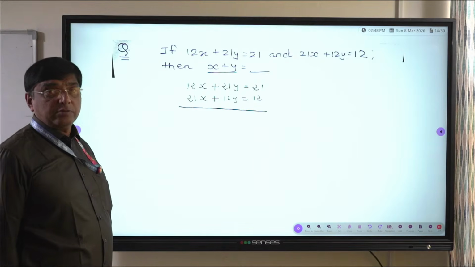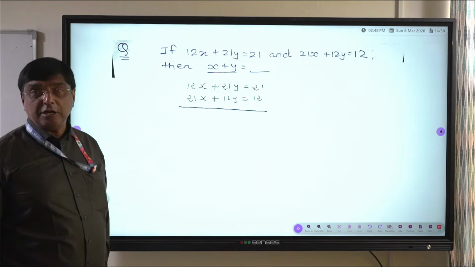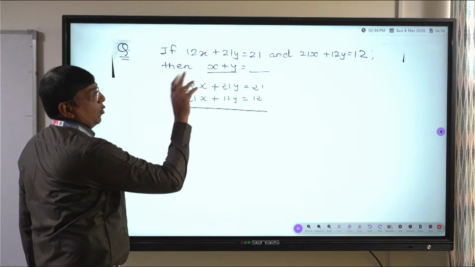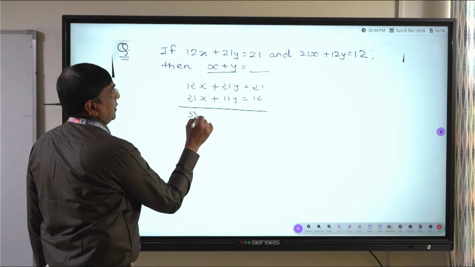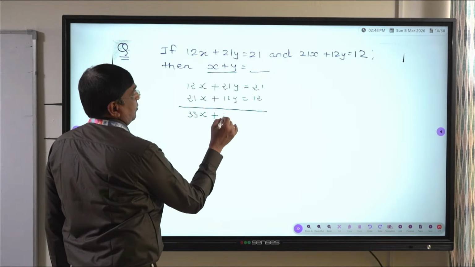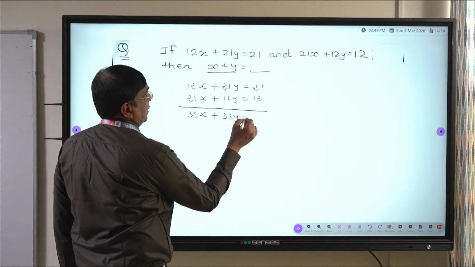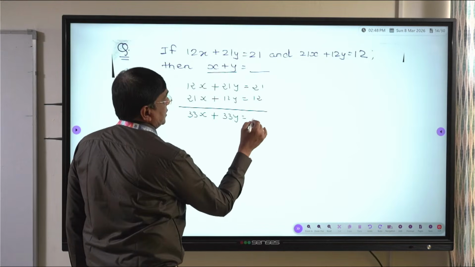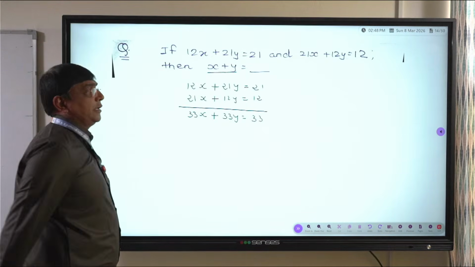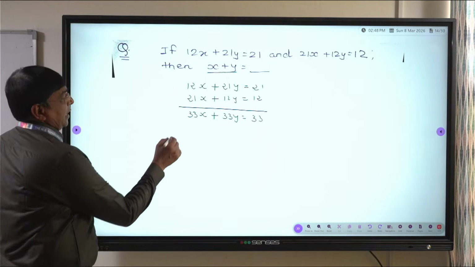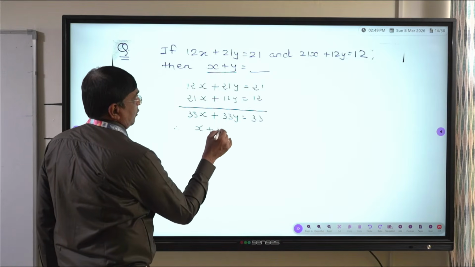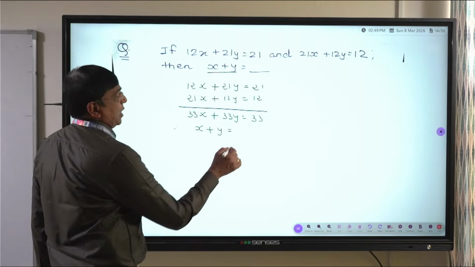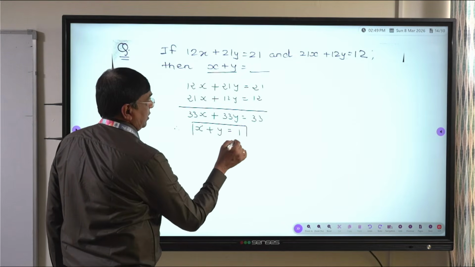We require x plus y, same as the previous sum. Addition of both equation 1 and 2: 12 plus 21, 33x plus 33y equals 21 plus 12, that is 33. Therefore, 33 common from all, so x plus y equals 1.